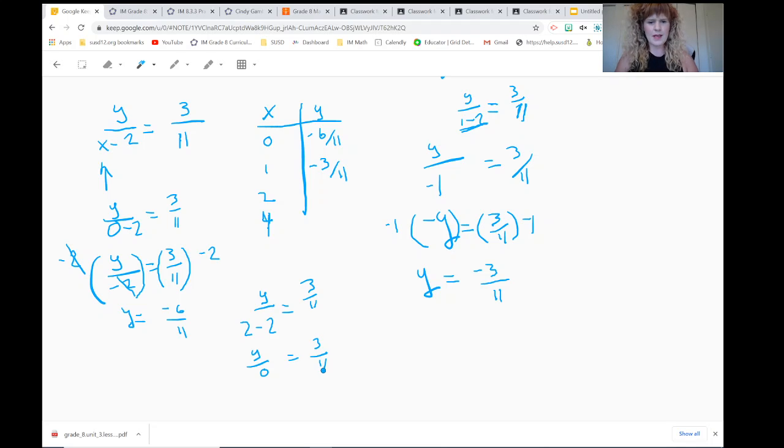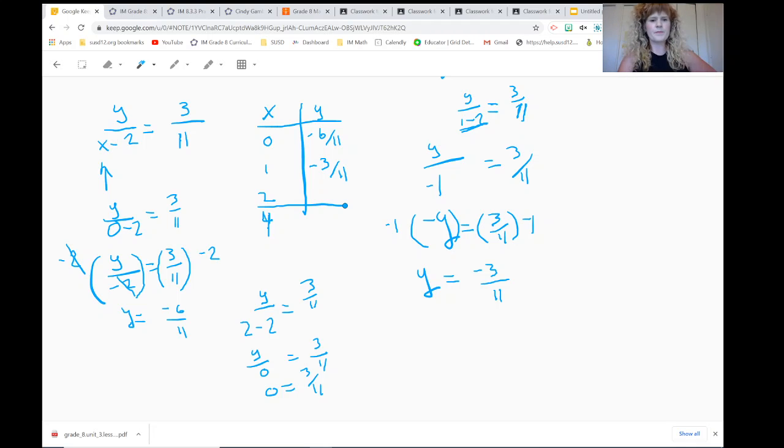But what is anything divided by 0? Do you remember? Anything divided by 0 is 0. So I'm getting 0 equals 3 over 11? No, that doesn't even work out. So I think this equation doesn't work when x equals 2. That's a strange value right there, huh?